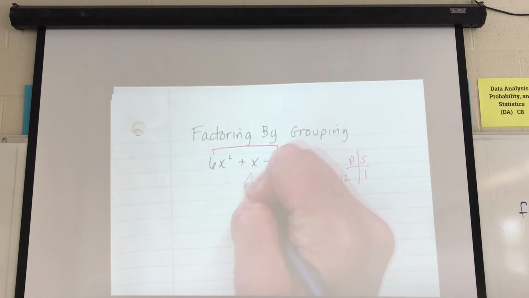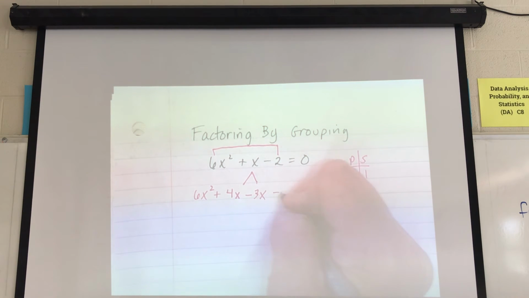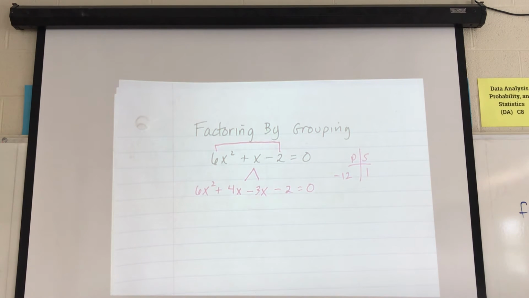So this is when we said, great, that means the x term is going to turn into a +4x and a -3x. And the 6x squared remains, and the -2 remains. And here was where you heard me say the words factoring by grouping.